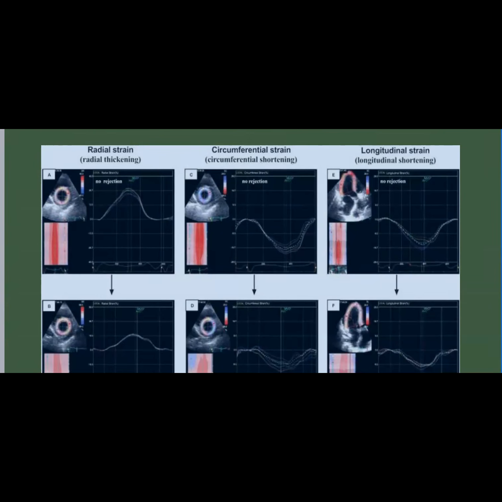You remember the first MCQs we have discussed. Now, if we have an LV systolic dysfunction, by GLS we find that the GLS gets impaired way ahead of the actual ejection fraction changes.